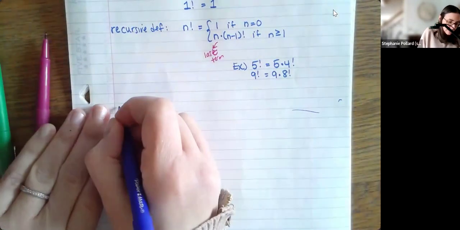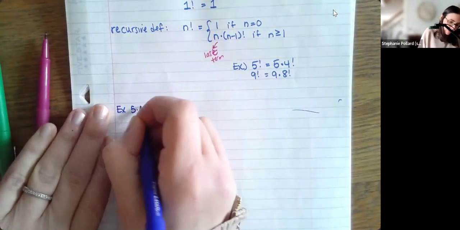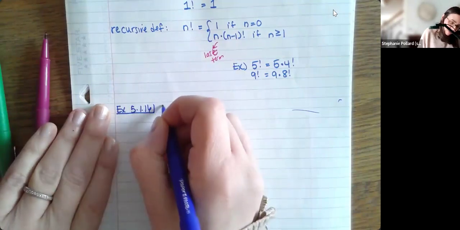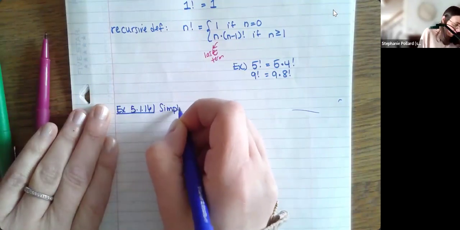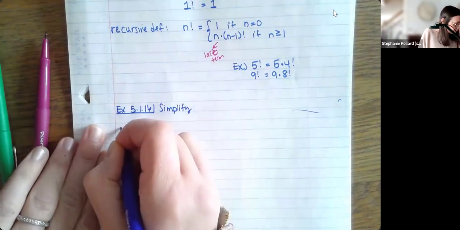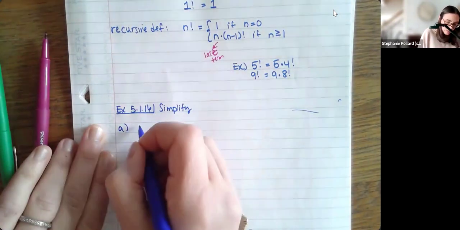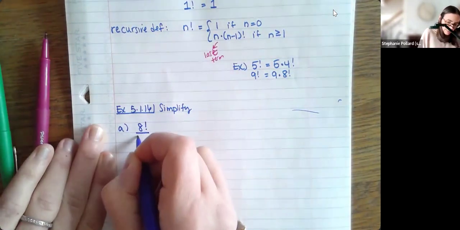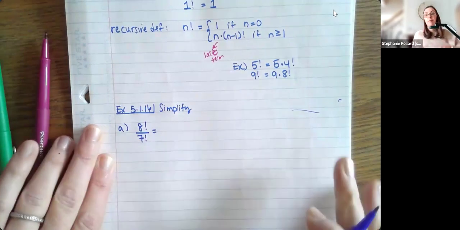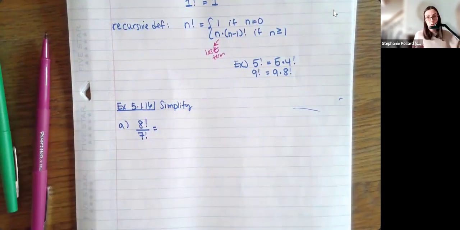All right, so let's do some examples. This is 5.1.16 in your text. Example 16. We're just going to simplify. I'm going to show you a couple of ways you can do this. So I'm going to do 8 factorial over 7 factorial. The first way you could do it is to just use your calculator, right?